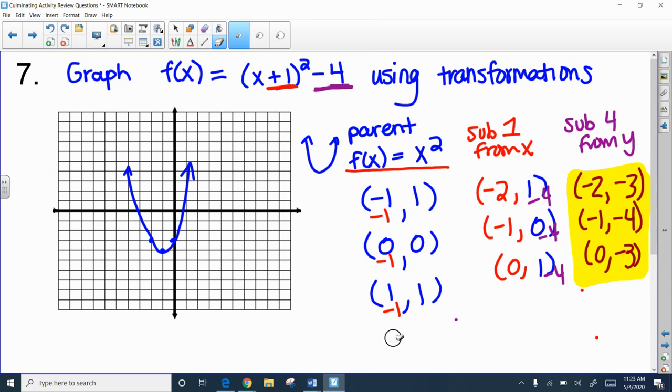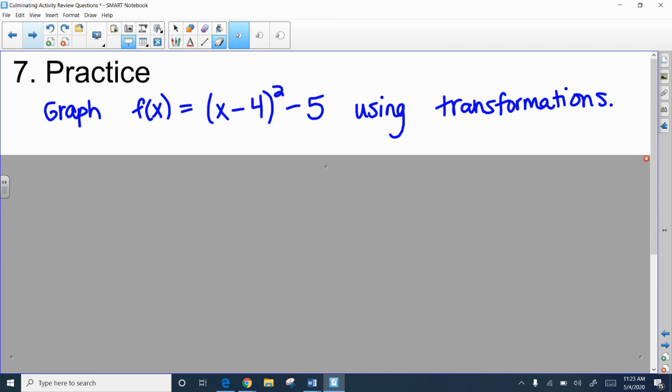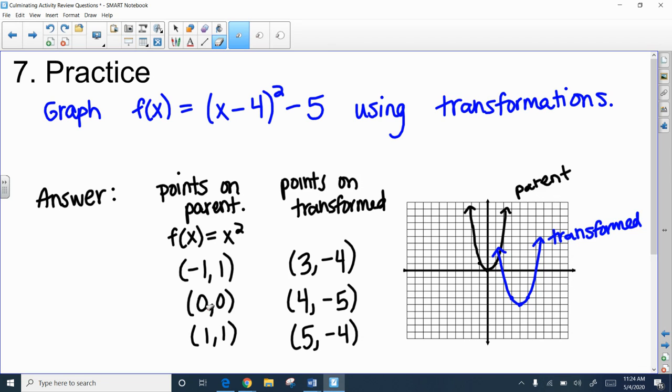All right, last practice problem for you. So you're trying to graph f of x equals (x minus 4) squared minus 5 using transformations. So pause the video here and try the problem, and then check the answer when you're done. All right, on this one, here's the points on the parent function. So the parent function again is x squared and has the points (-1, 1), (0, 0), and (1, 1).